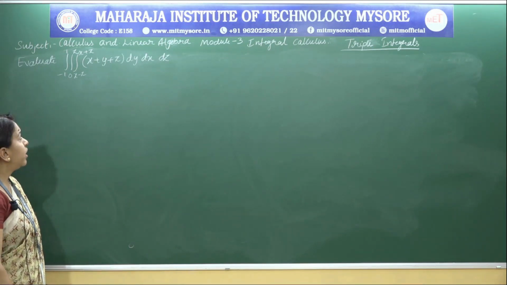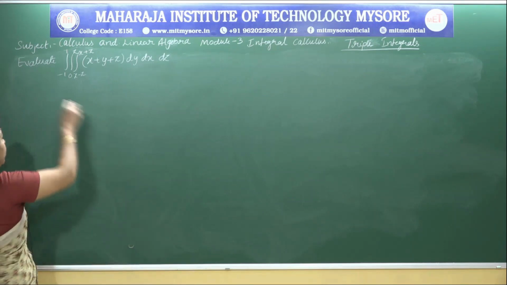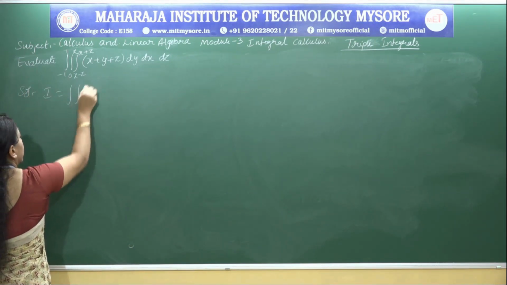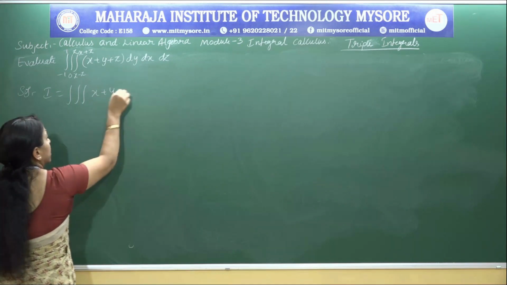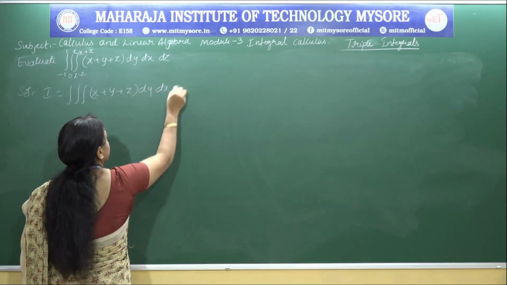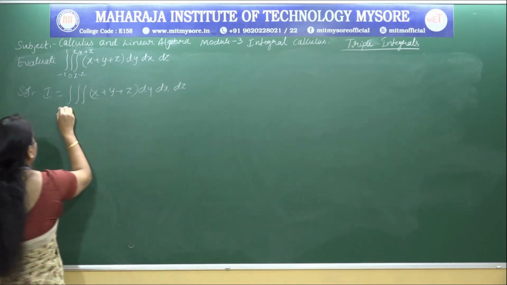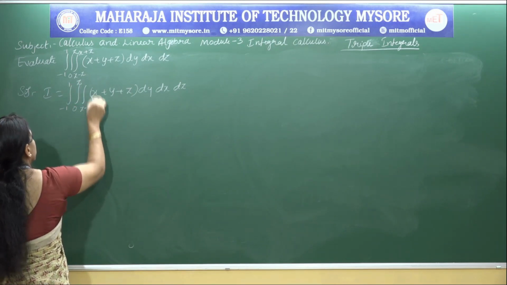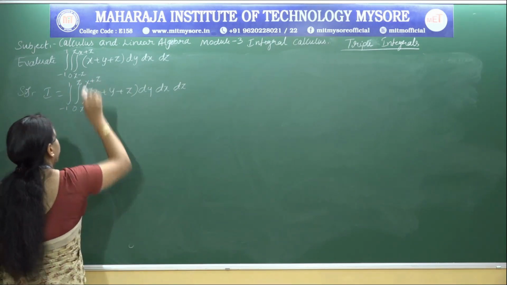So consider the given triple integral as I. So I is the triple integral of x plus y plus z dy dx dz between the limits minus 1 to 1, 0 to z, x minus z to x plus z.